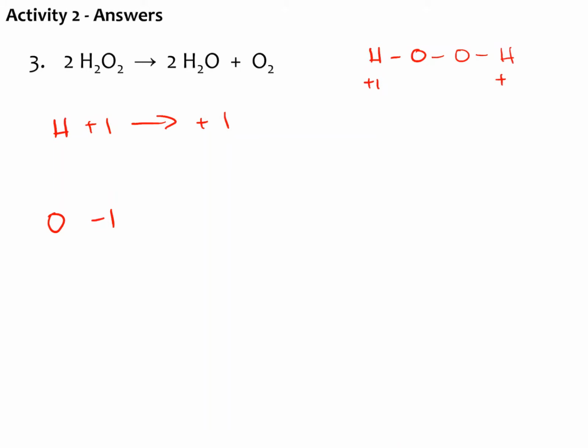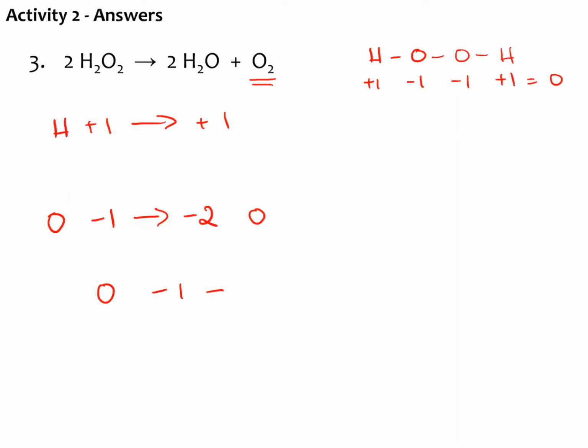If hydrogen is +1, each of the oxygens has to be -1 for it to be 0 overall. In water, the oxygen is -2 because it's not a peroxide and it's not bonded to F. And we also have oxygen present as an element, so it's a 0.